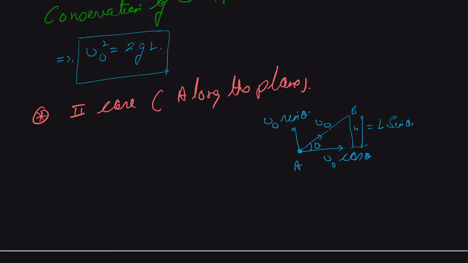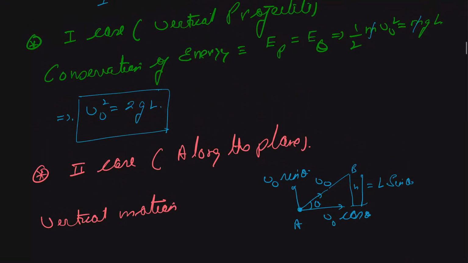Therefore, we can say that for vertical motion, this ball should be coming to the same height. So it should be coming to B prime.